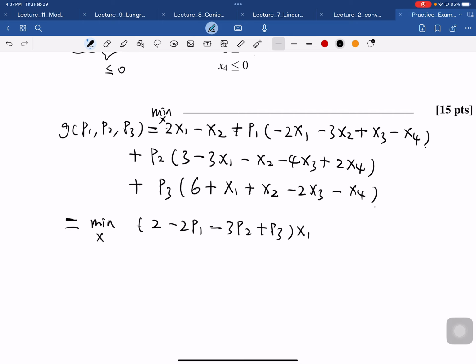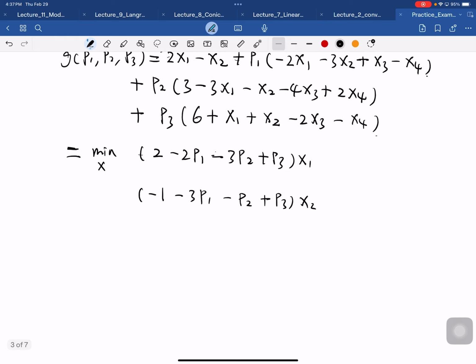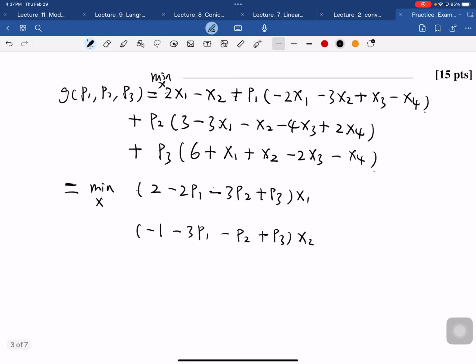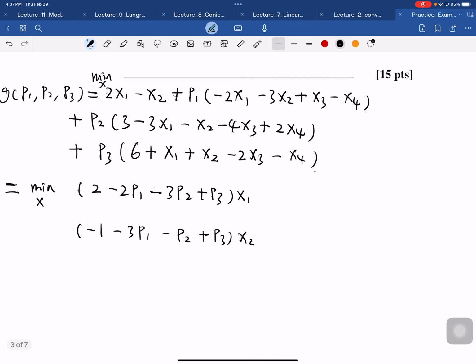And then for x2, we have minus 1 minus 3P1 minus P2 plus P3 times x2. And then I will just do the rest real quick. You can check if I did it wrong or not.